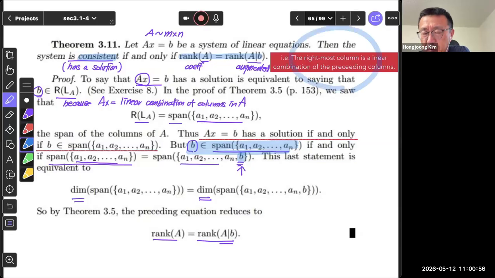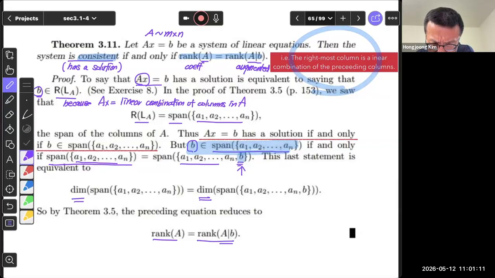So that means this rightmost column B is a linear combination of the columns in A matrix.